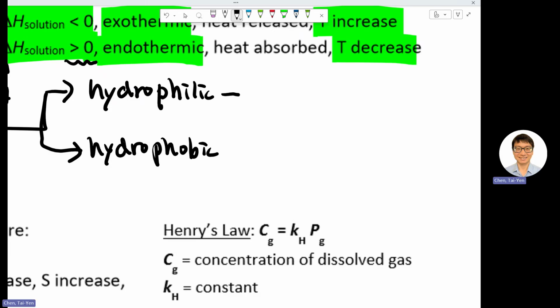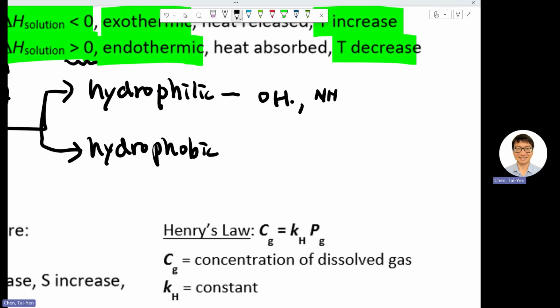Hydrogen bond, right? So in order to have hydrogen bond, what's the atom you must have? Yes, very good. These are the features you are looking for in the chemical formula. If the chemical formula doesn't contain OH, doesn't contain NH, it's not going to be hydrophilic. Is that simple enough?